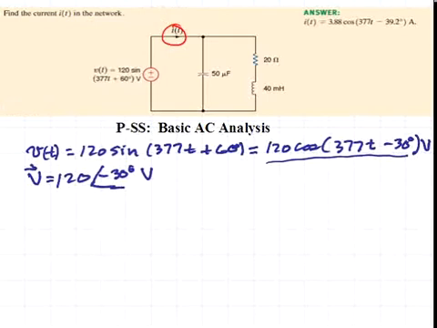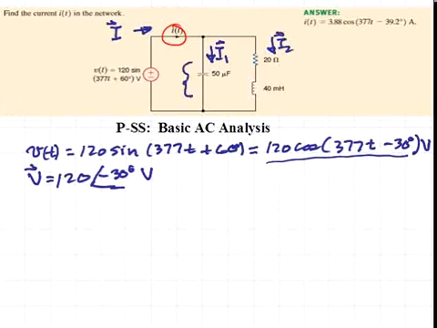Okay, the way we'll analyze the circuit is to consider the phasor current I that we're seeking. We'll have a current I1 flowing downward through this capacitor, and then another current I2 flowing downward through the resistor-inductor combination.